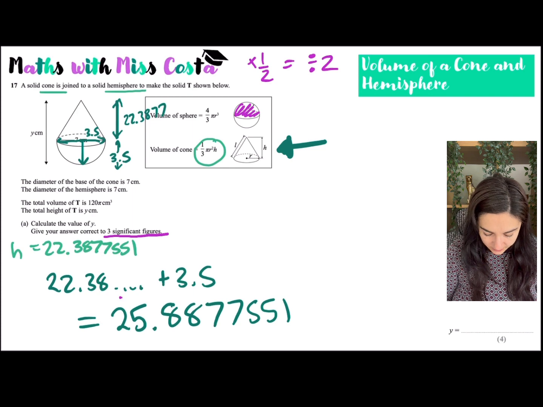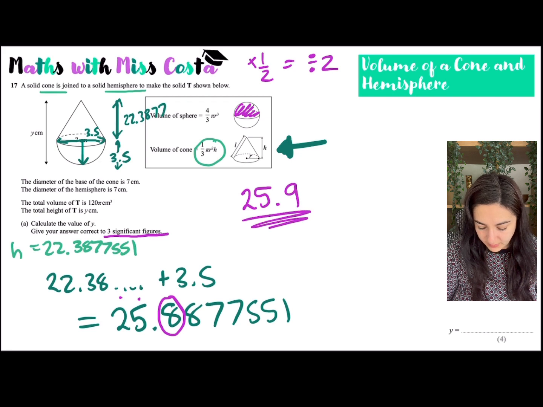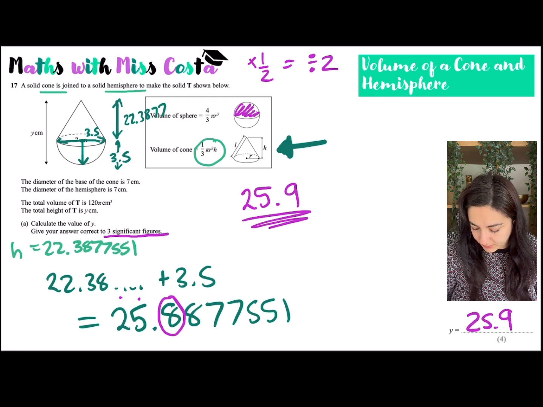So that would be 1, 2, the third significant figure is here, so I'd say 25.9.